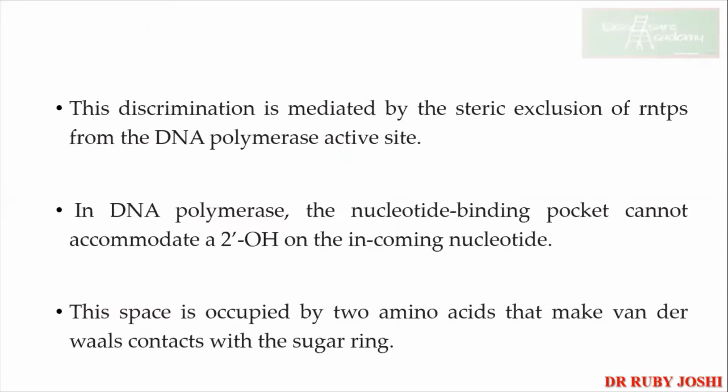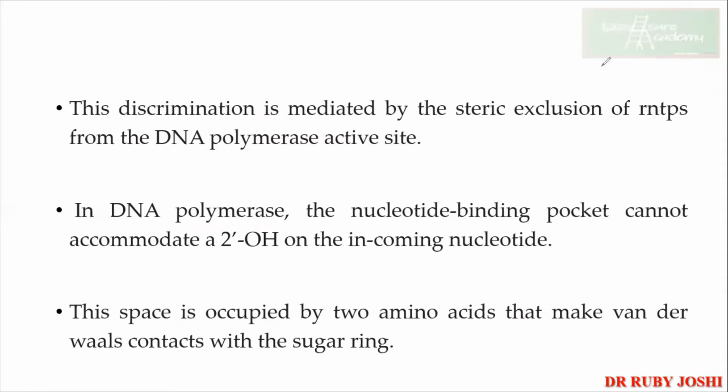It pushes them out just because of the bulky groups present. So in the DNA polymerase, the nucleotide binding pocket cannot accommodate 2-OH on the incoming nucleotide. So what did we see previously? That it has the pocket available for the 3-OH, okay, but for 2-H.